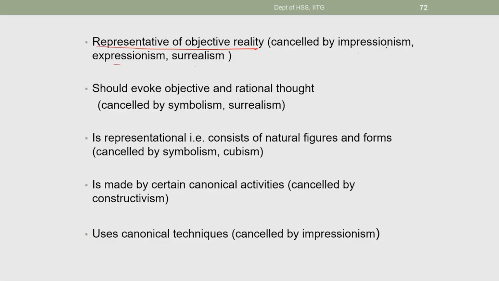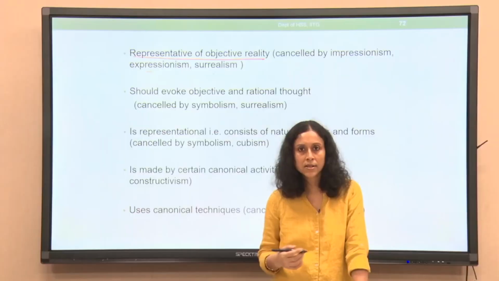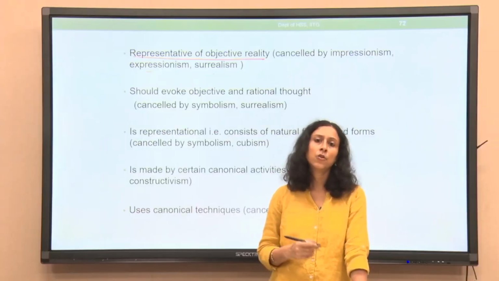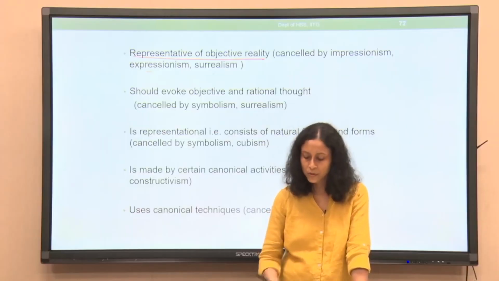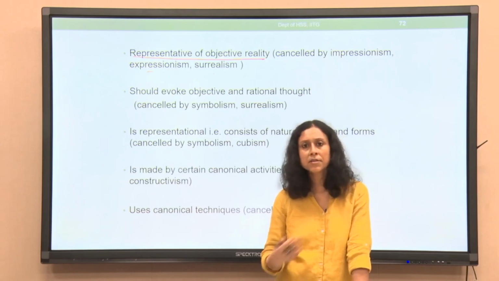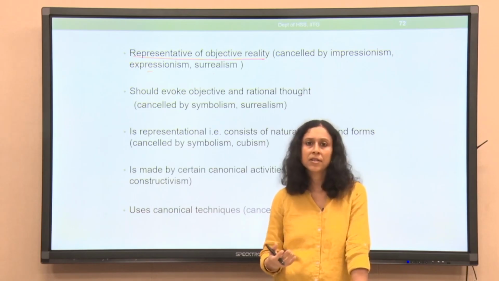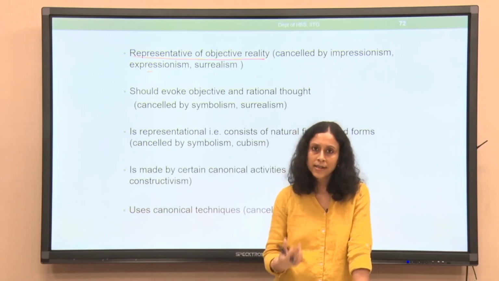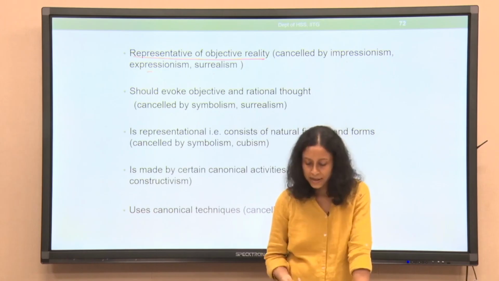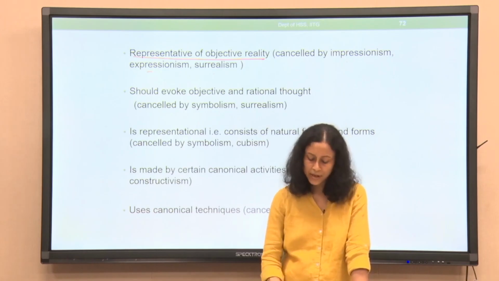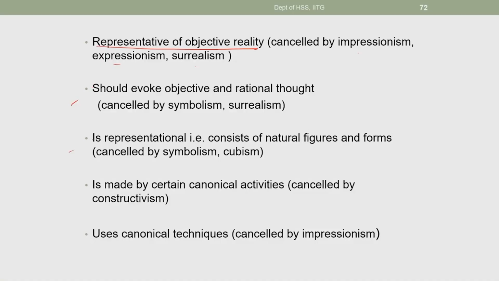The initial idea was that art should represent an objective reality. In the olden times, paintings would represent religious figures or noblemen, kings and queens and so on. Later on, there was a change through Impressionism, where there is no directly perceivable objective reality. Similarly, Surrealism. You can see so many types of thought, and then each was cancelled by another.